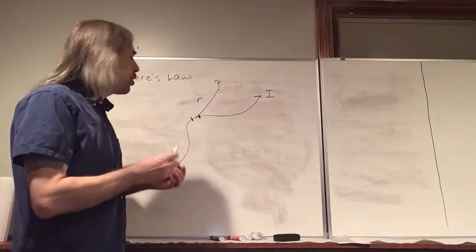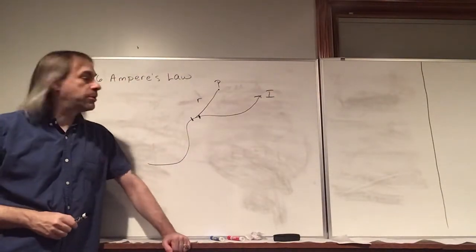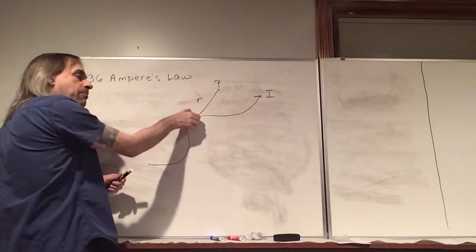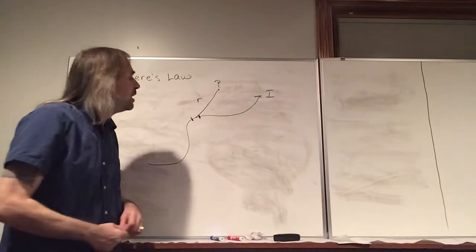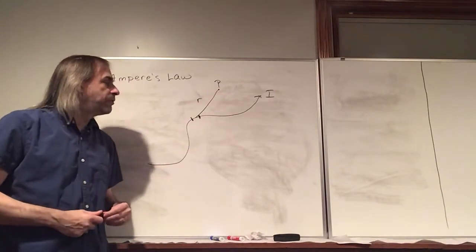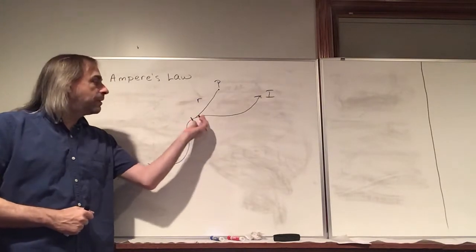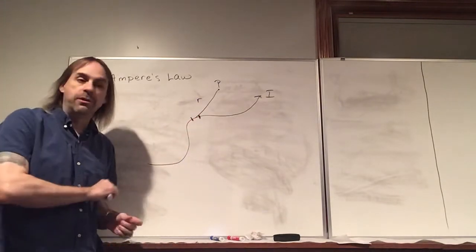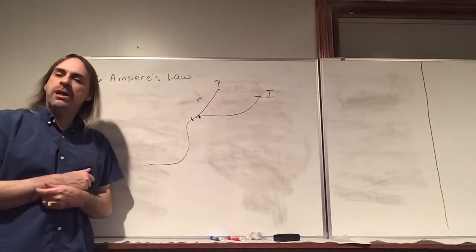It would depend on the current and also the direction of the wire. So if you have a wire in the same location but rotated it, the magnetic field at that point would be different. So just finding the magnetic field due to a single little piece of a wire, which if you make it small enough you can always consider to be a straight line segment, is a fairly complicated thing.